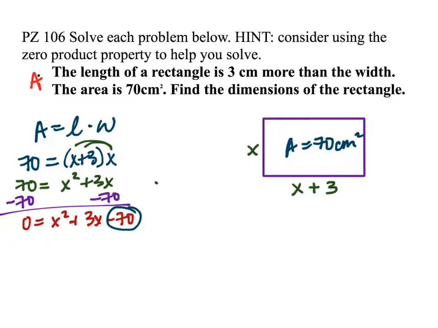In doing that, I'm going to find the factors of negative 70 that add to a positive 3. So if I had a negative 7 times a positive 10, when I add those together, I in fact do get what I'm looking for of this positive 3x.